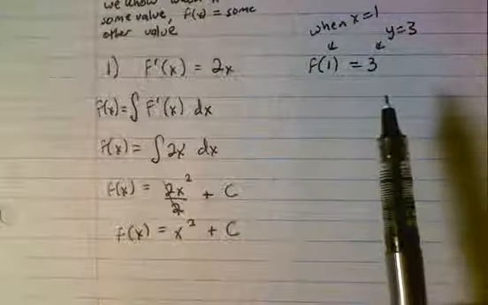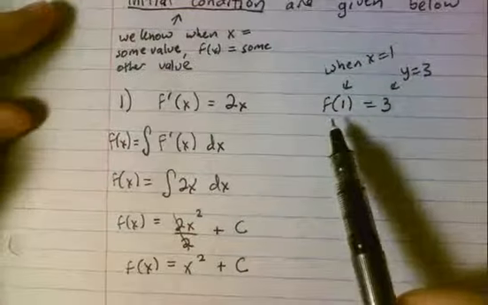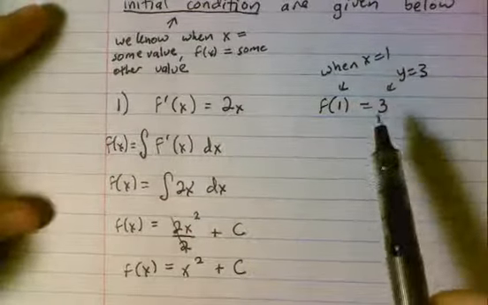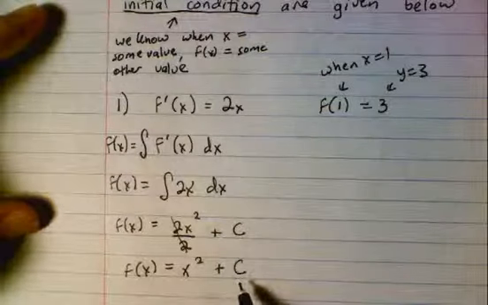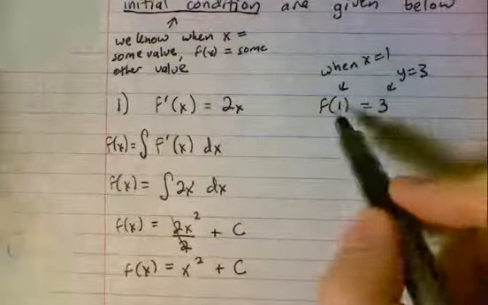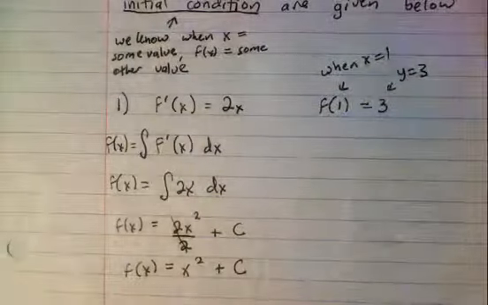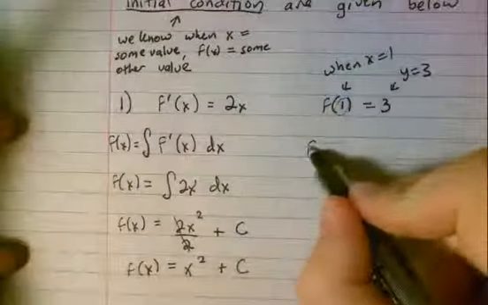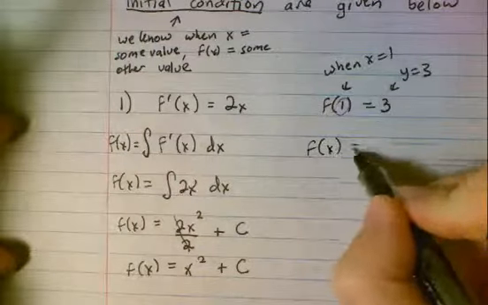So now we're going to go back and say, well, if we know that when x equals 1, f of x or y equals 3, we can use that information to solve over here for what c is. So we're going to take this 1 and put it in for x. I'm just going to write it again over here.